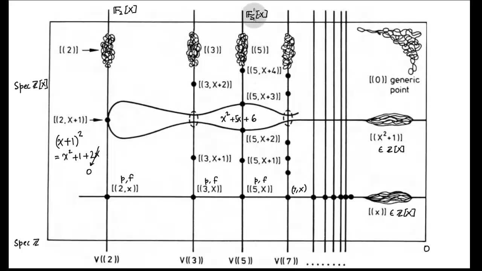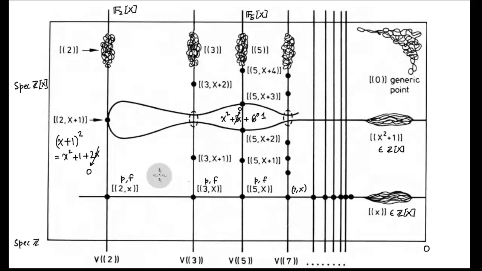Now you're working in F_5[x]. The 5x will become 0 because this is 5. This 6 will become 1 modulo 5. So again you get x^2 + 1, but this x^2 + 1 is split into now two factors, x + 2 and x + 3, and that's precisely why it is splitting like this in two different parts.